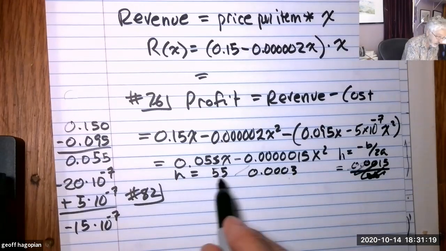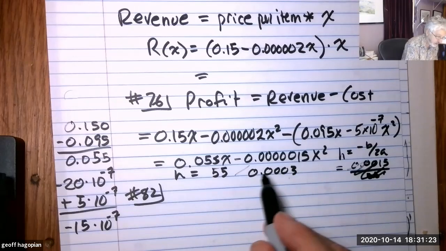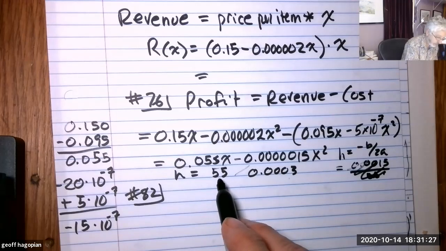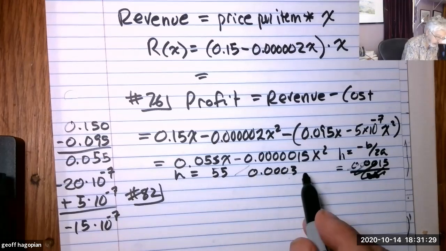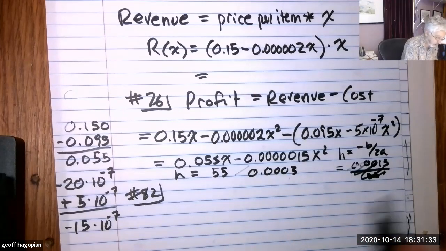And so that doesn't go in evenly. I guess we'd multiply by 10,000. And so we have 550,000 divided by 3. Yeah, so that's going to be over 100,000 bumper stickers. Somewhere in there is going to be your maximum profit.